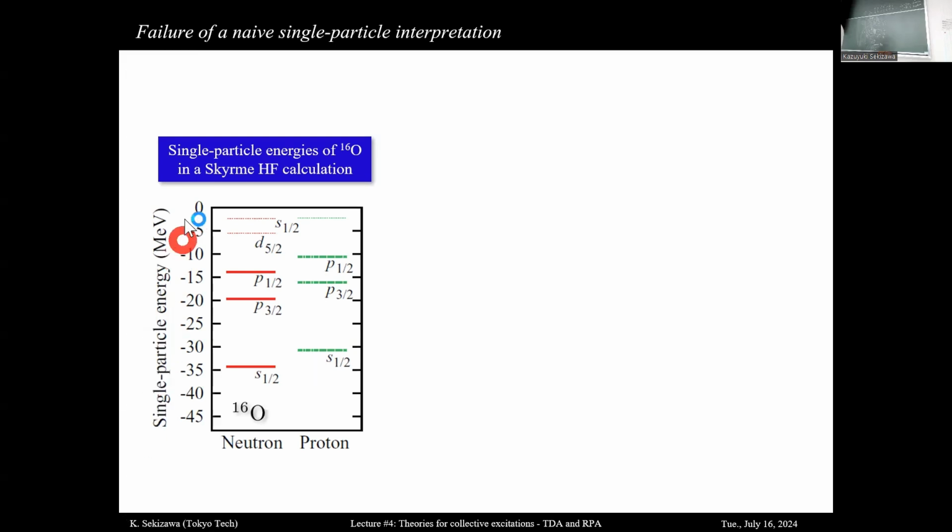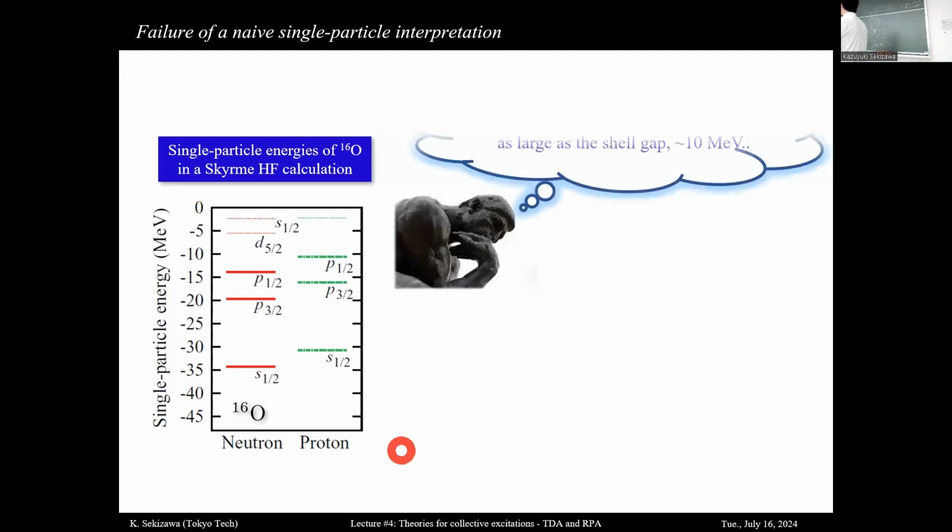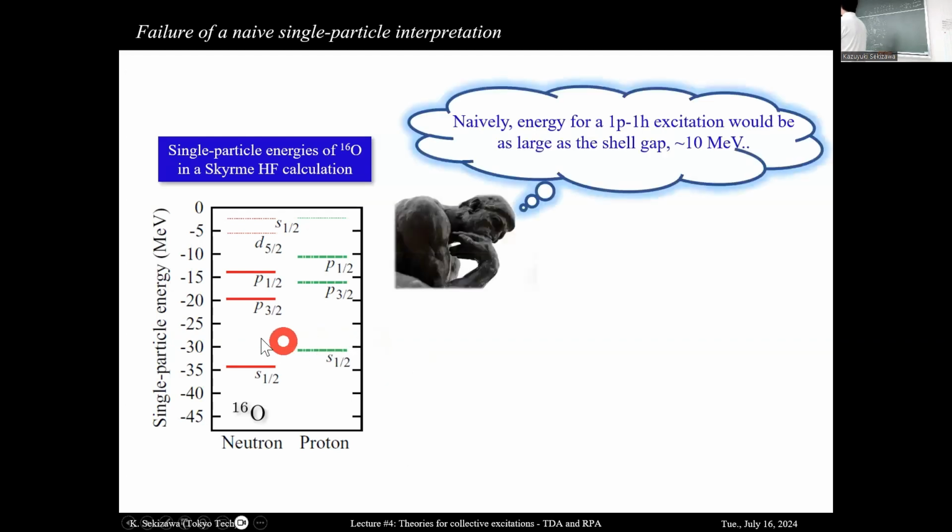So this is the single particle energy. You can see that those thick lines correspond to occupied states. So you have 8 neutrons and 8 protons, and those form a closed shell. So 8 is a magic number.